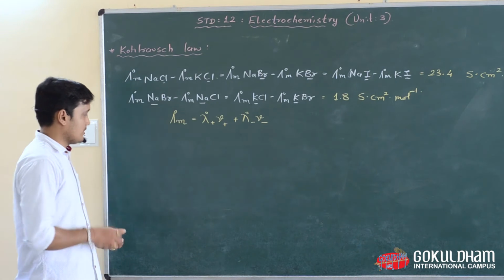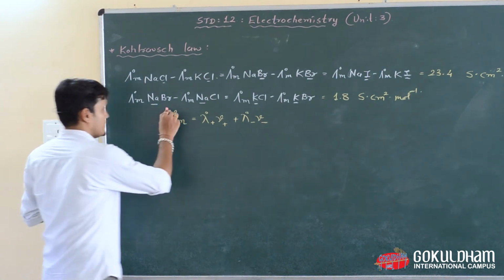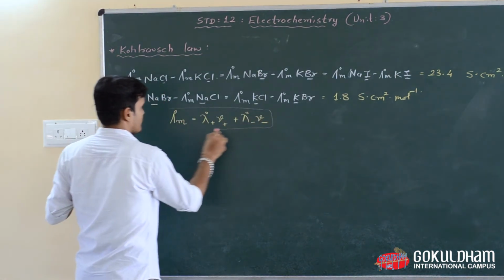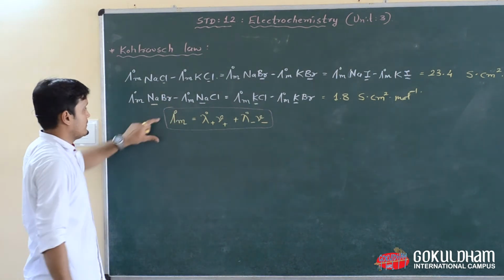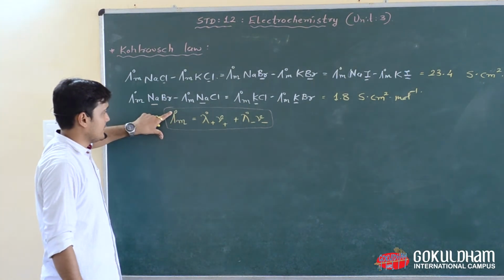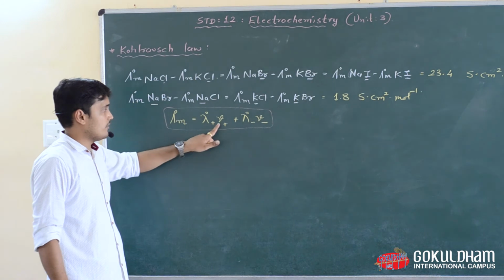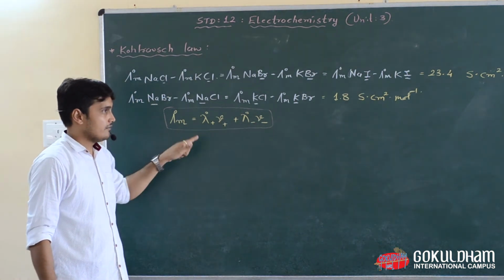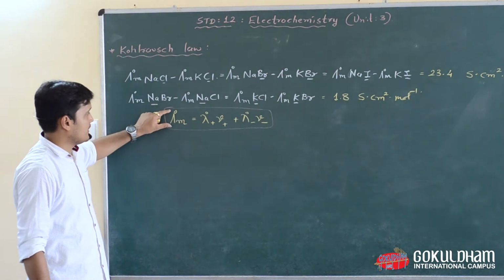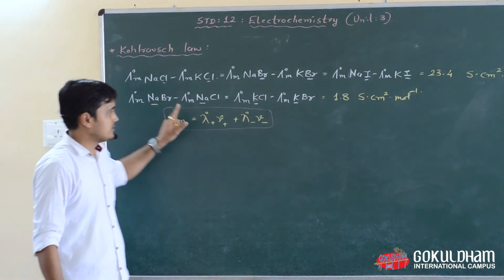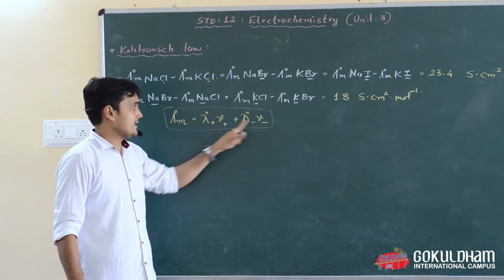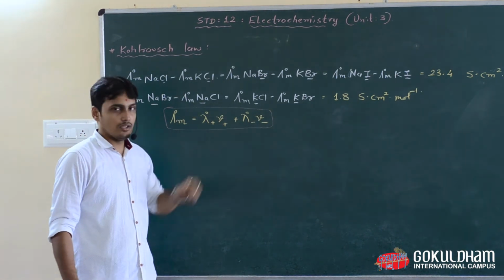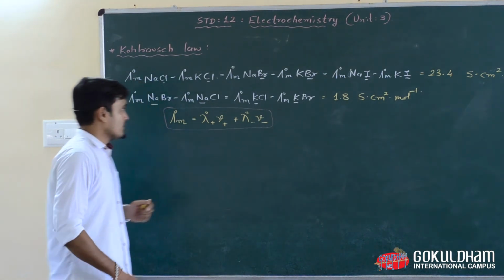From this equation we can write Kohlrausch's rule that the limiting molar conductivity is the sum of positive and negative ions' molar conductivity. Again, the limiting molar conductivity is the sum of negative and positive ions' molar conductivity.